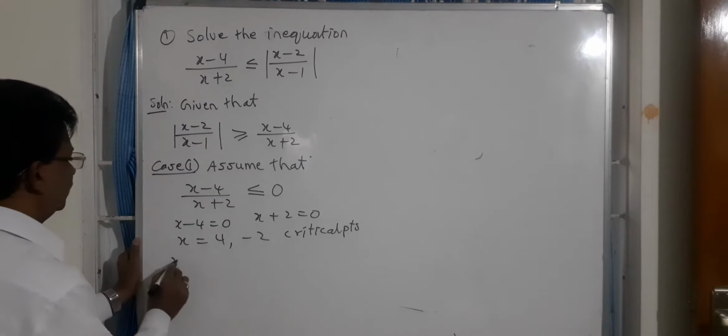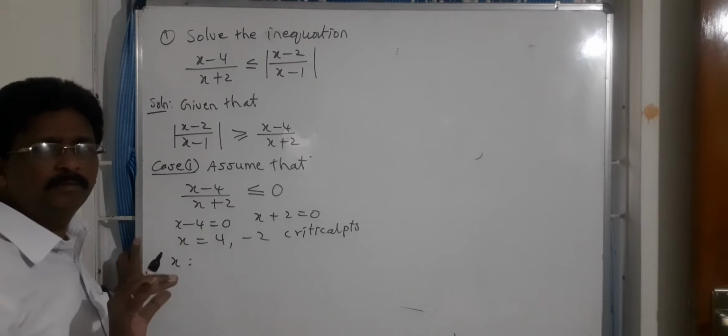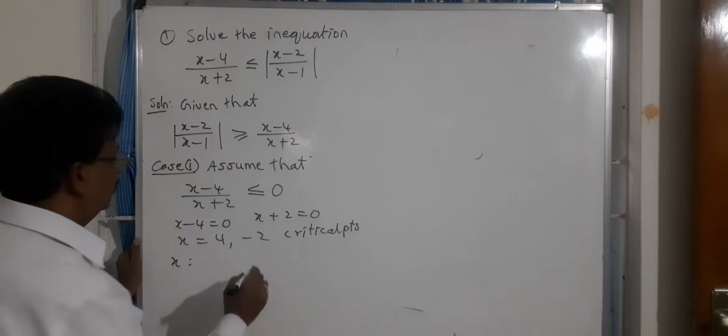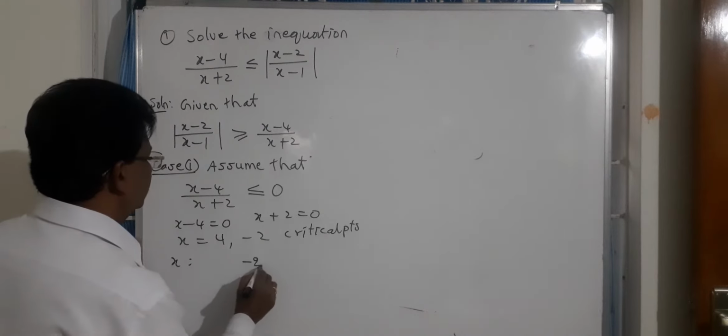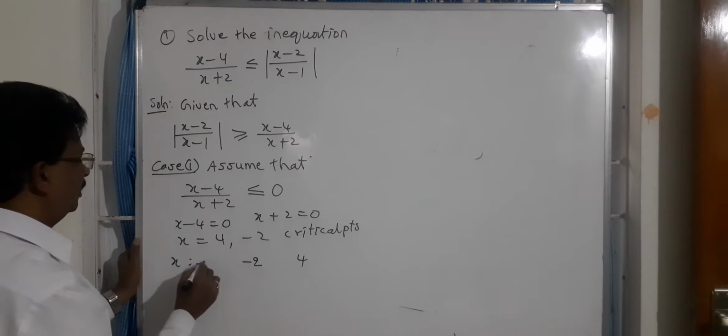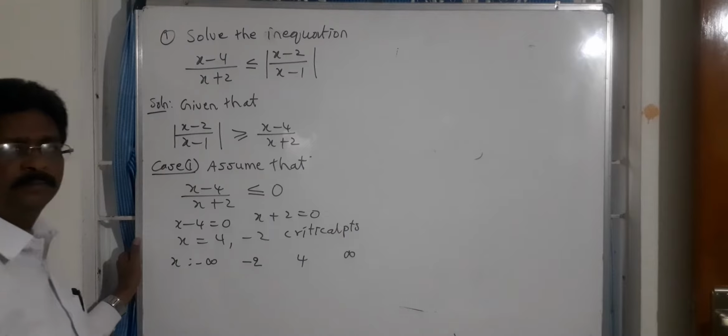Now arrange the critical points in the consecutive order, means lowest to highest we have to arrange them. -2 is the smaller, next 4. And before -2 write the minus infinity, after 4 write the plus infinity.